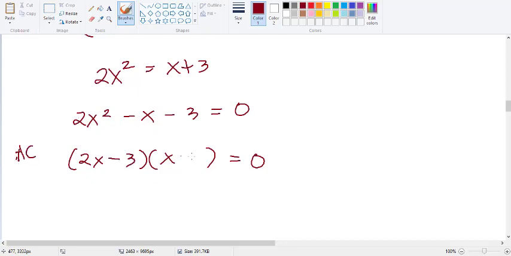So, ganito ang kinalabasan niyan. Why? Because, negative 3 times 2, negative 3 plus 2 is negative 1. Tama man, which is this. And then, negative 3 times 1 is negative 3, which is this.